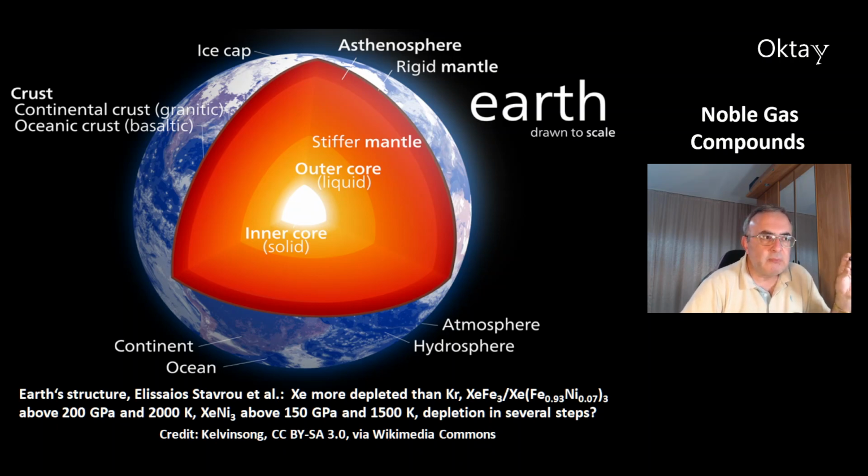And above 150 gigapascal and 1500 Kelvin, you can make the compound xenon and nickel. And this could be the reason why there's a depletion of xenon. But these scientists think this depletion happens in several steps.